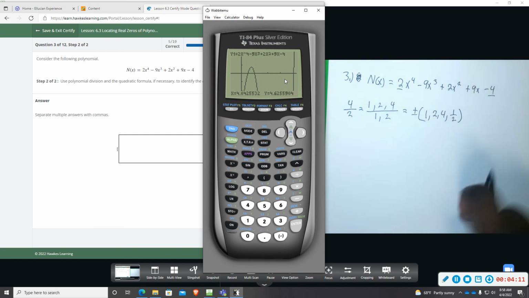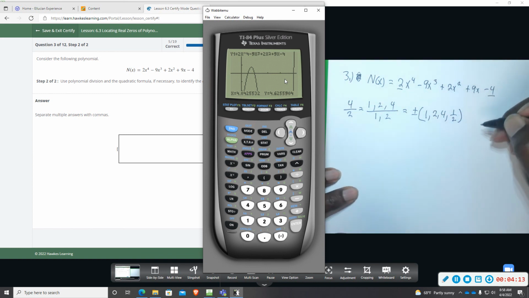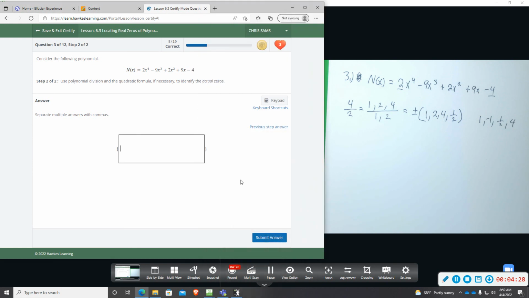So what it looks like is +1, -1, a half, and 4 from our calculator. Looks like the ones that work. However, we're going to verify it by doing synthetic division.